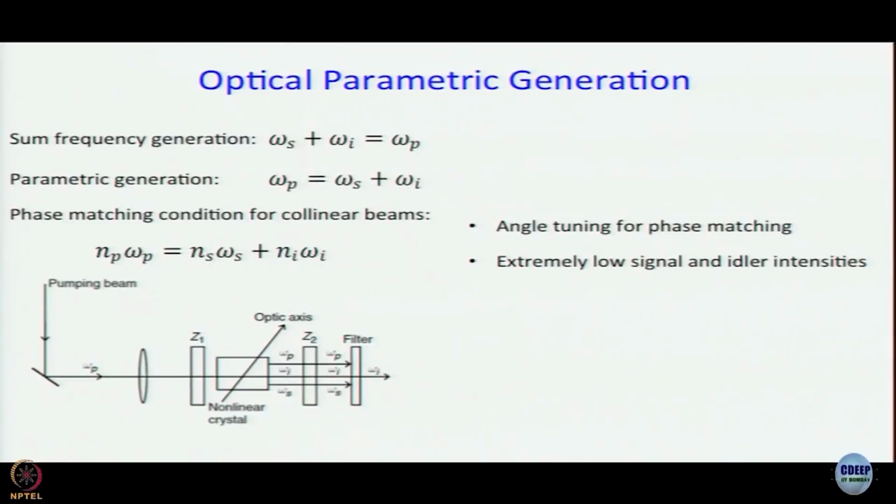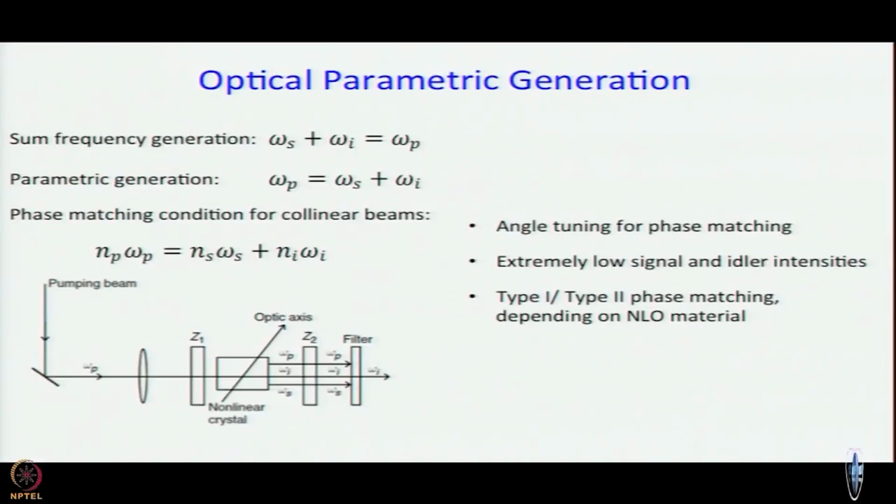See, even for second harmonic generation we said typical efficiency is like 20%. Here typical efficiency would be 2% perhaps, or 1% or less, depending on what kind of material it is, very low. And then depending on the NLO material, you can have type 1 phase matching or type 2 phase matching. Type 1, type 2 phase matching we have discussed in the previous modules.